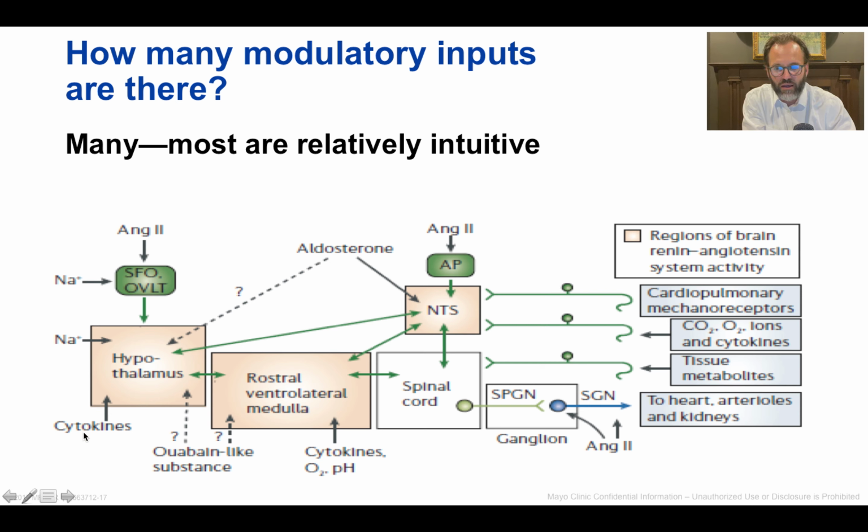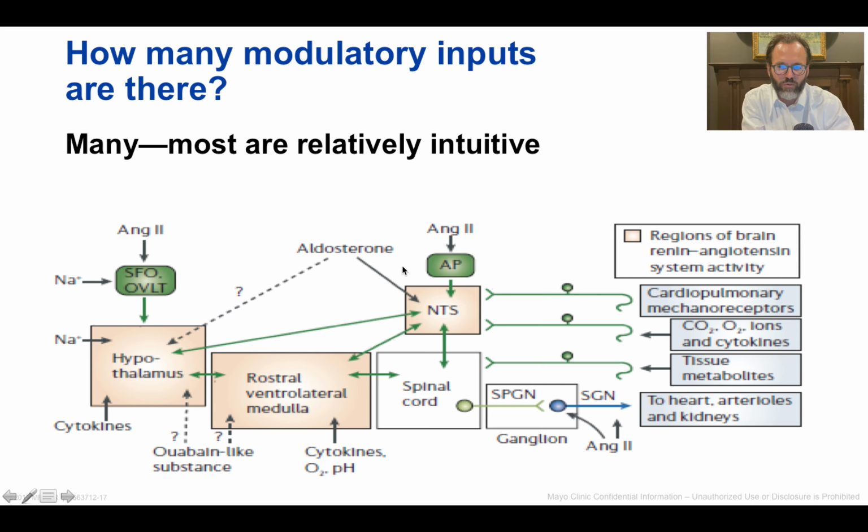And so collectively, again, sodium, cytokines, ouabain-like substances, oxygen, and pH, all being significant modulators of outflow. And I would argue that, again, most of these are intuitive. So if you are, for example, retaining CO2, having reductions in oxygen, having very abnormally high or low levels of sodium either direction, and having increases in inflammation, having excess metabolites, those are all things that are very intuitive amplifiers of sympathetic nervous system outflow.